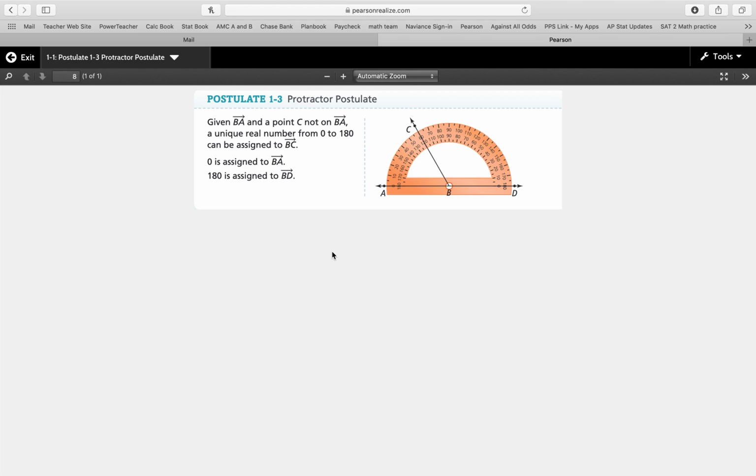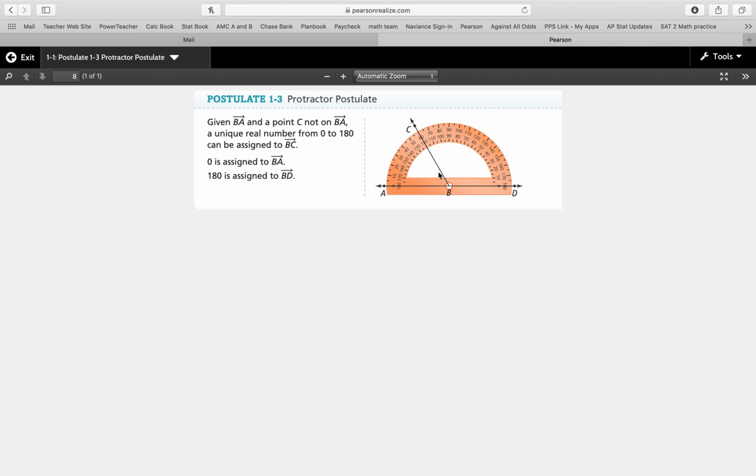So in a protractor postulate, we have ray BA, and point C that's not on BA. Okay, so here's ray BA, here's point C, and a unique real number from 0 to 180 can be assigned to ray BC, and 0 is assigned to BA. It's a protractor, and this is how we read angles.